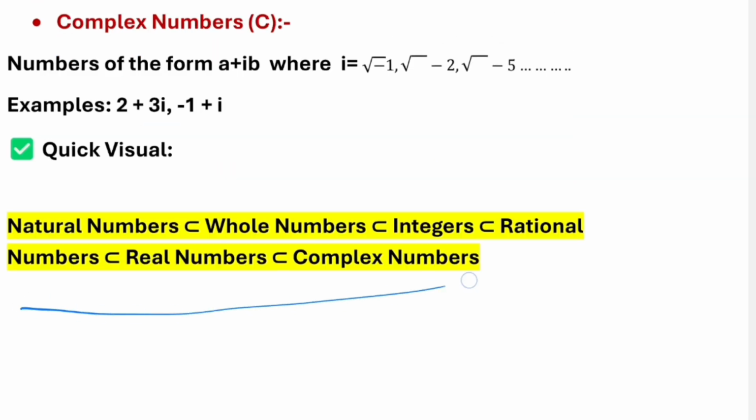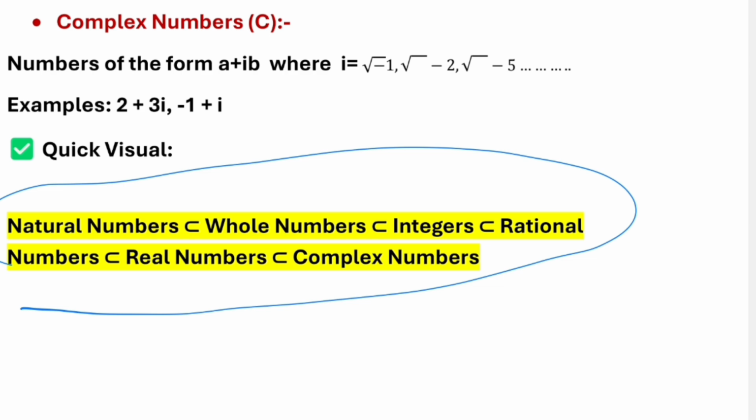Here is a simple mind map of number sets to help you remember them easily. That is, natural numbers belong to whole numbers, which belong to integers, which belong to rational numbers, which belong to real numbers, which belong to complex numbers.